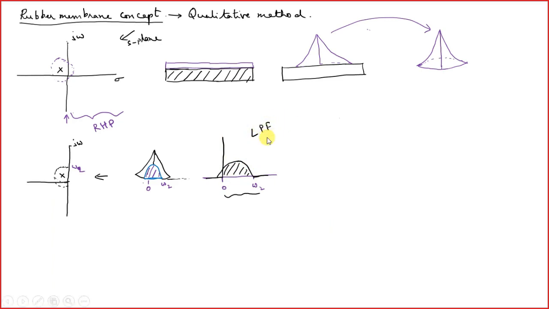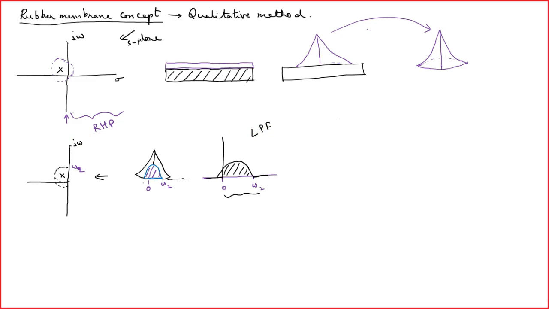Low pass, perfect. So just by placing a pole, we have seen how the rubber membrane concept can help us in identifying the nature of the filter without going into the mathematical or any other description.